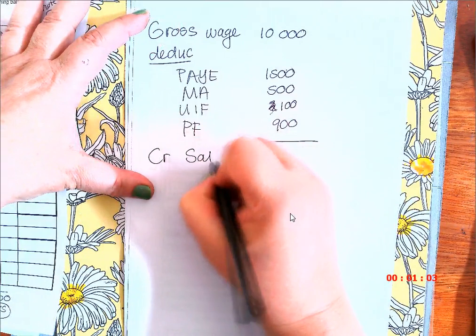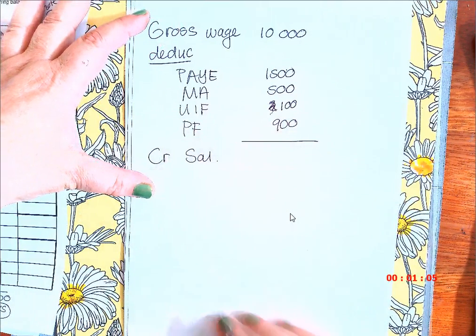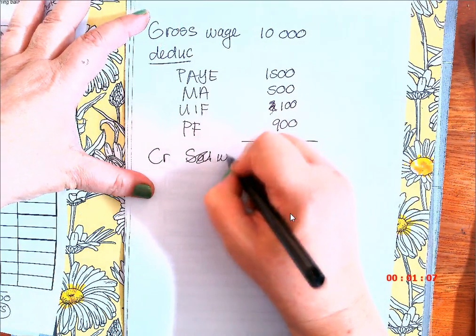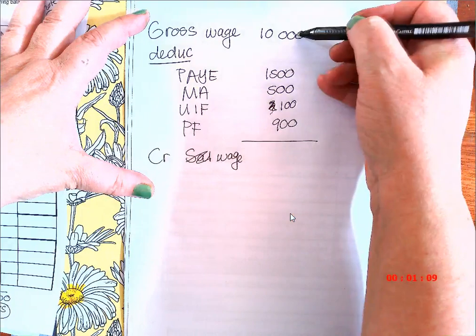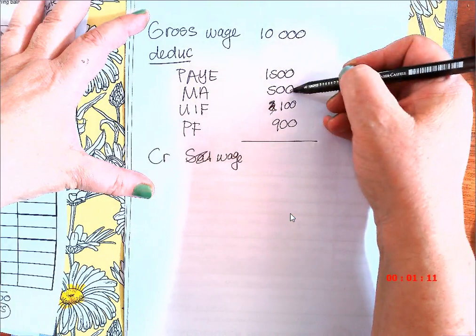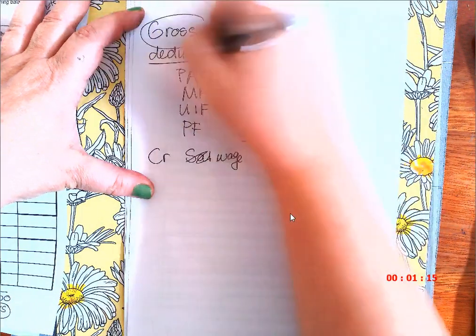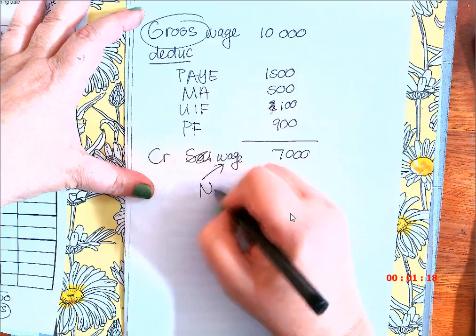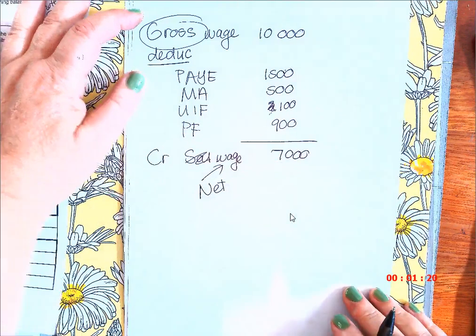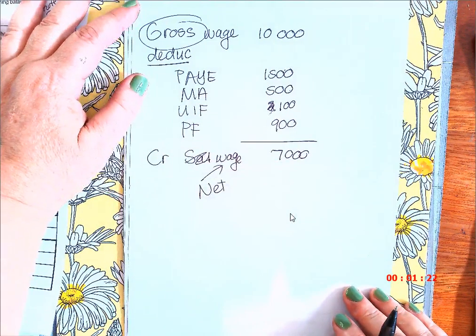Creditors for salary, how much? A wage, sorry. How much? 10, 8,7,000. So we call this the gross and we call this the net. Okay, you guys with me?